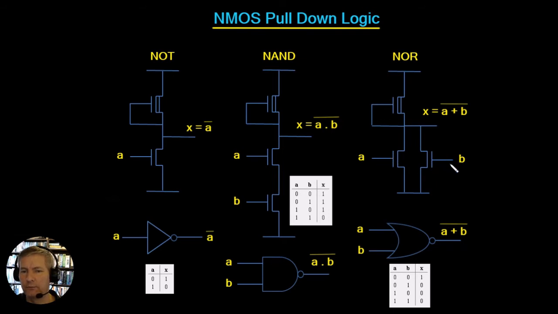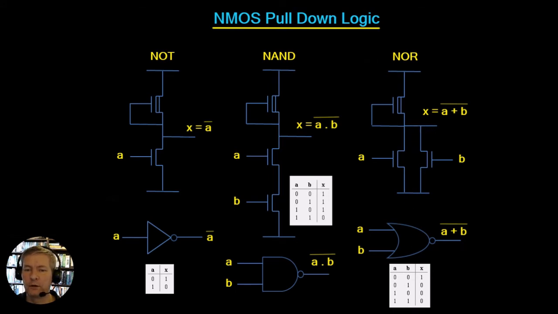So only when both transistors are off do we ensure that there's no path for any current down through here. So that means that this point here must remain high. But if either one of these transistors, either A or B or both of them, were to go high, then we would have a path for the current all the way down through this device or both of them, which would pull this point low, so we would get a low output.